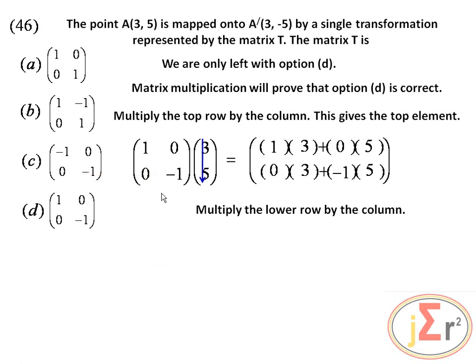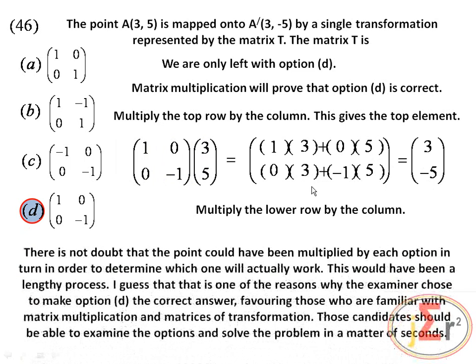And if we simplify, what do we get? This one will be eliminated because 0 multiplied by 5 is 0, so we will only have 3. And here we have 0 multiplied by 3, that will be gone. So we will have negative 1 multiplied by 5, and that will give negative 5. So we will have 3 and negative 5. There we have it. Option D is correct.